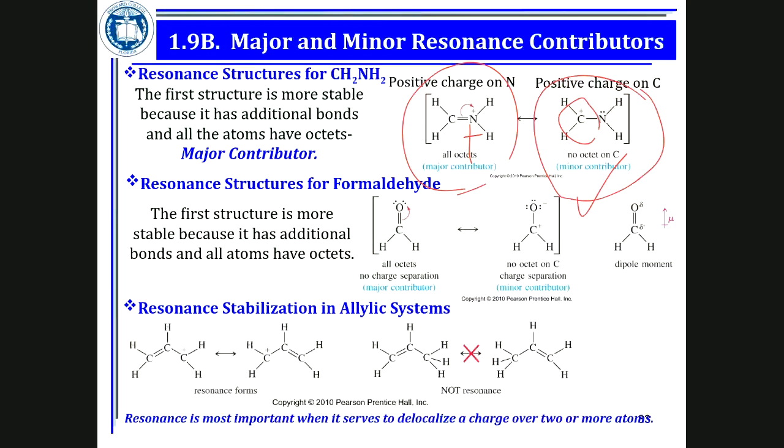Then you have your formaldehyde, the same thing here for formaldehyde, minor, because you don't have that. Okay, these two structures are not resonance. Can you tell me why they are not resonance?